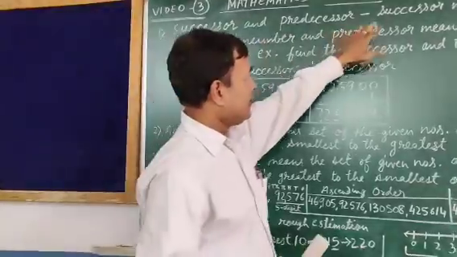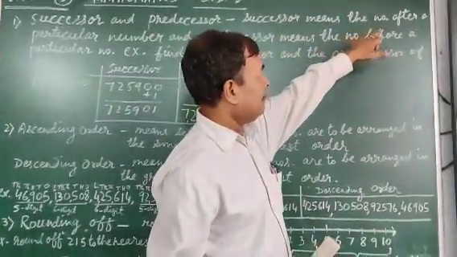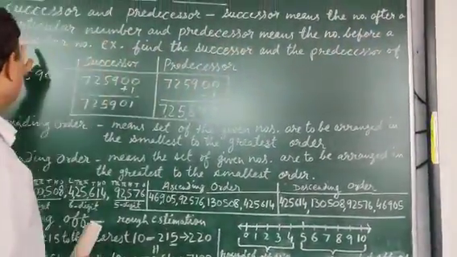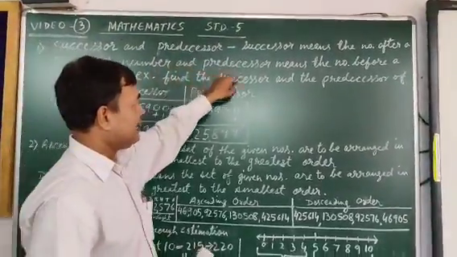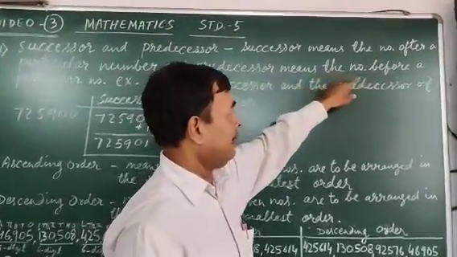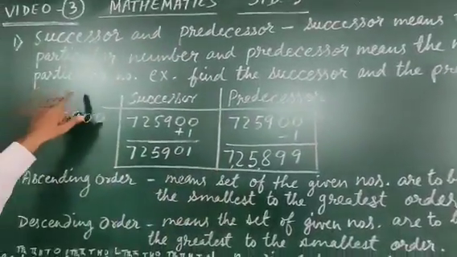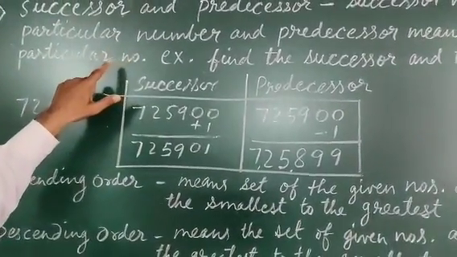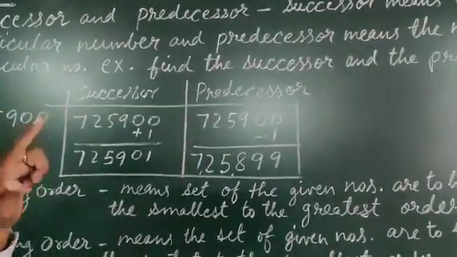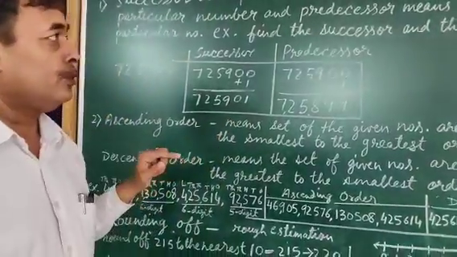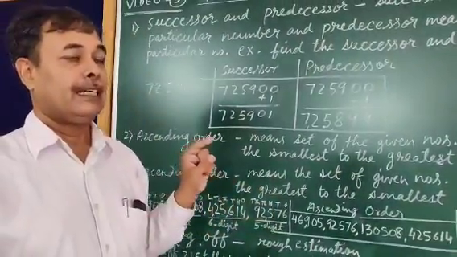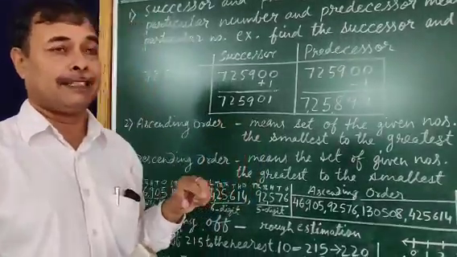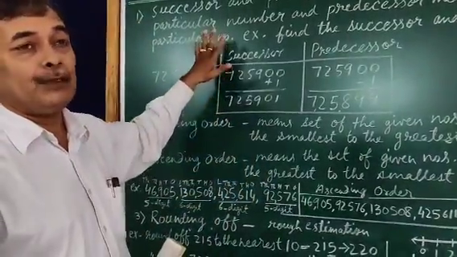However, successor means the number after a particular number, and predecessor means the number before a particular number. In class 1-2, you have studied number before and after. It is similar to that.